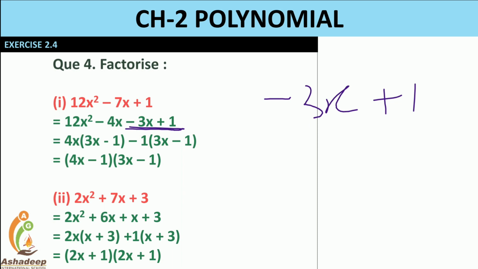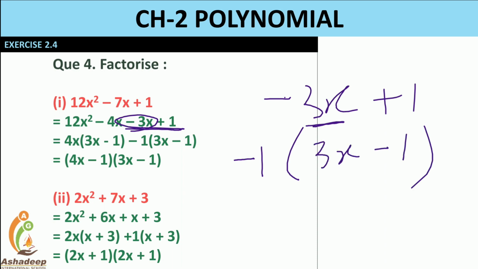If nothing is taken out common, we have to take minus or plus 1 common. But the third term, see, this is the third term. If it is a plus 1, we have to take plus 1 common. If it is a minus 1, we have to take minus 1 common. If minus 1 is taken out common, each and every sign gets changed. So here it is going to be plus 3x and here it is going to be minus 1.